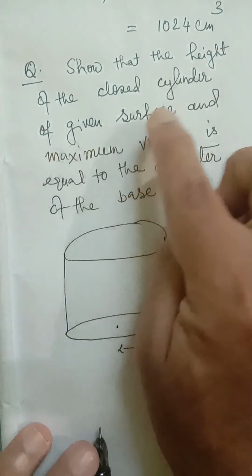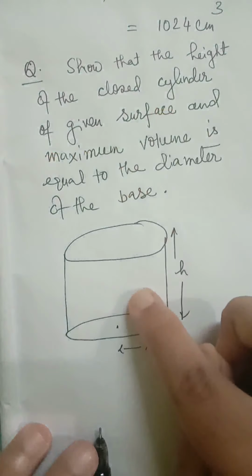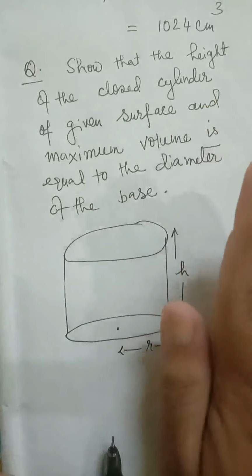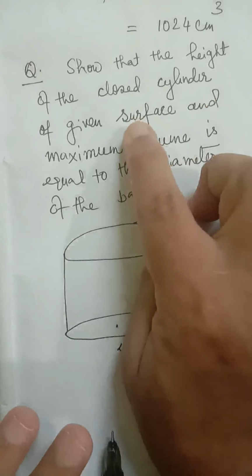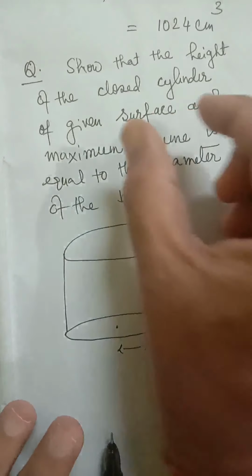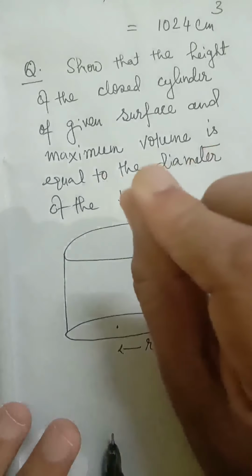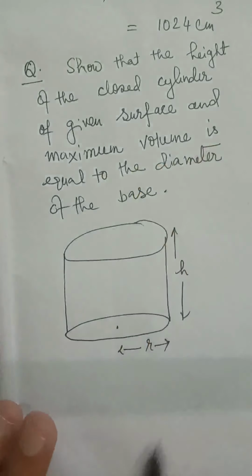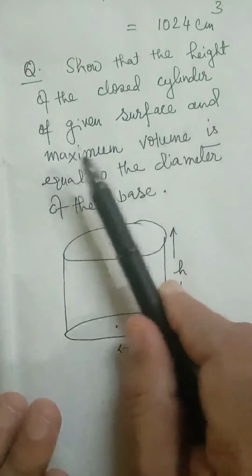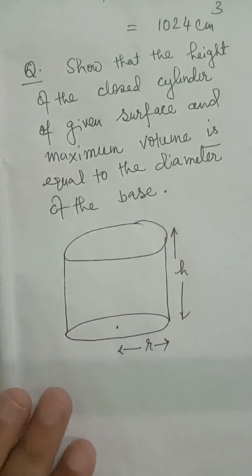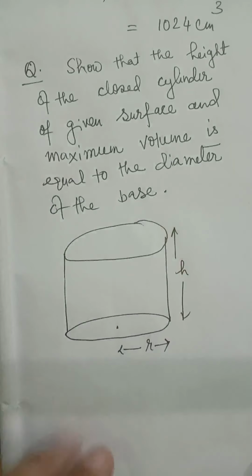Given surface means surface area of the cylinder is given. The thing that is given, we will treat as constant. That is, given surface area is constant. This cylinder has a fixed surface area, so that the height of the cylinder of given surface and maximum volume is equal to the diameter of the base.